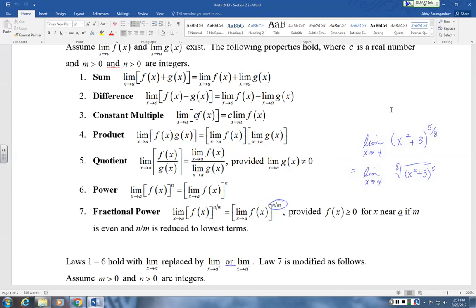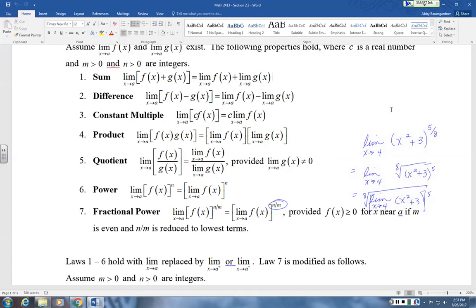This particular rule says you can figure out what this x squared plus 3 quantity to the 5/8 is first and then find the limit as x approaches 4, or you can actually find the limit as x approaches 4 first and then apply this root. So it's really whichever is easiest for the problem.